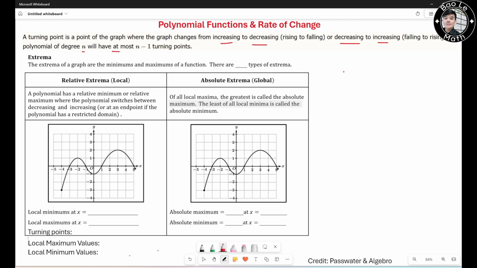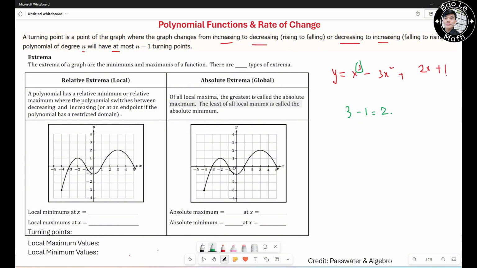So for example, if you're not given a graph and you're given a function like y equals x cubed minus 3x squared plus 2x plus 1, the number of turning points is n minus 1. So the number of turning points is 3 minus 1 equals 2.